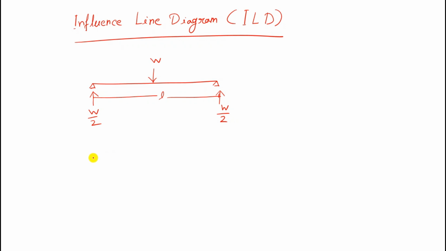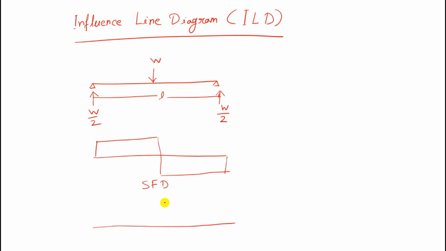If you calculate the shear force and draw the shear force diagram, this will be the shear force diagram for this particular beam. And if you draw the bending moment diagram, this will be the bending moment diagram.